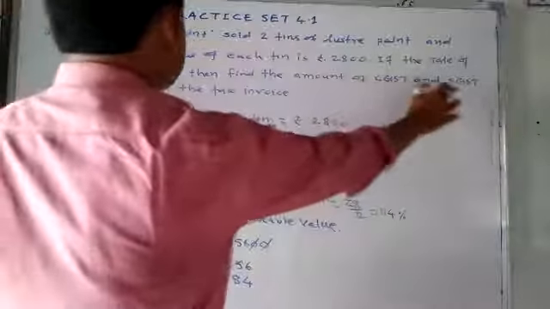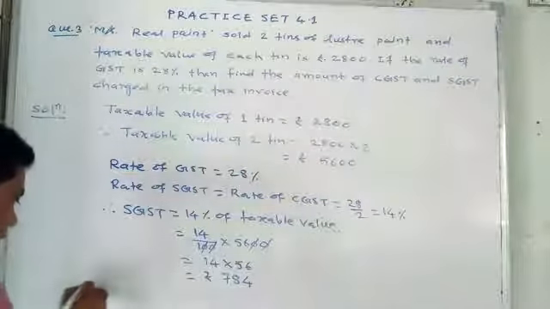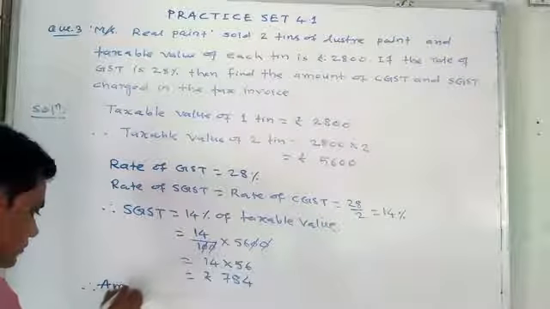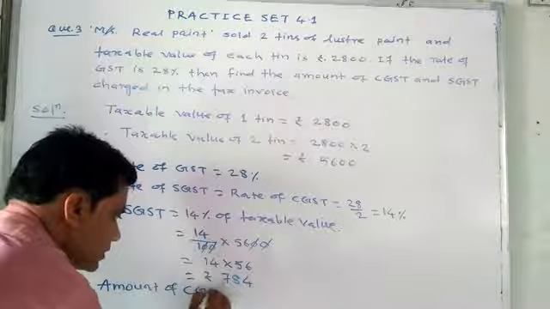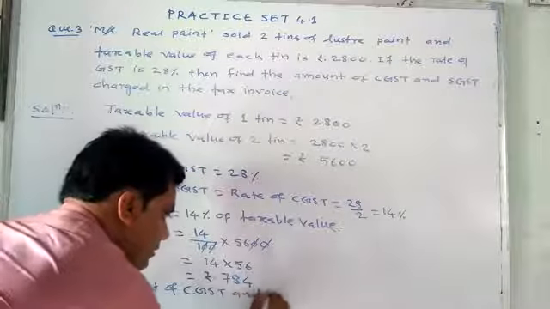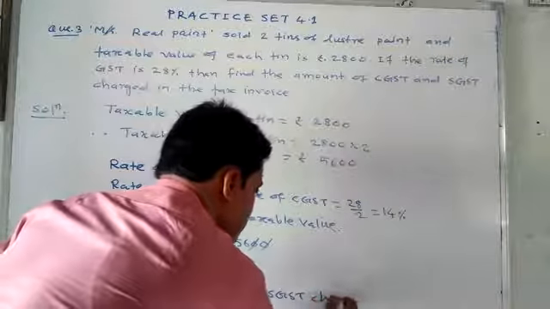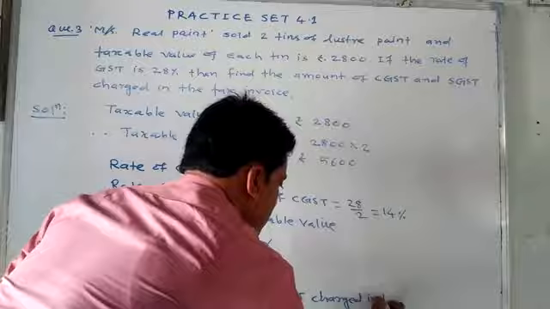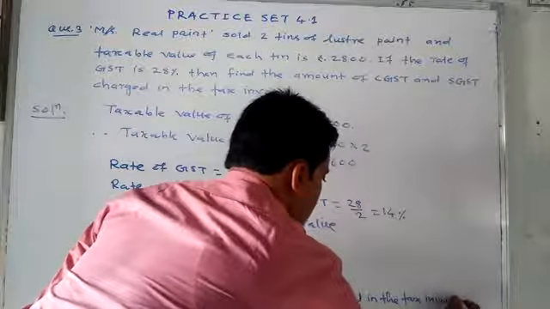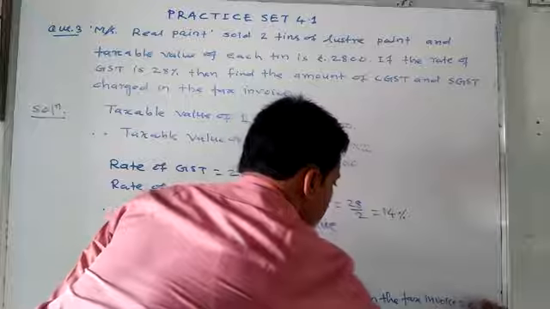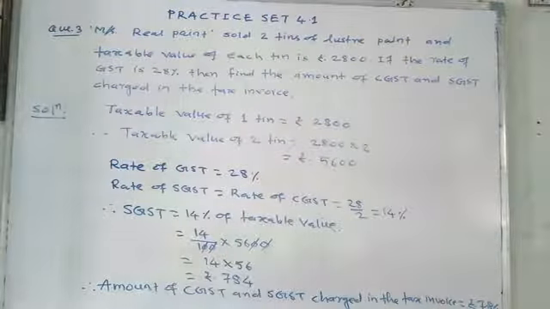Therefore the amount of CGST and SGST charged in the tax invoice is rupees 784.